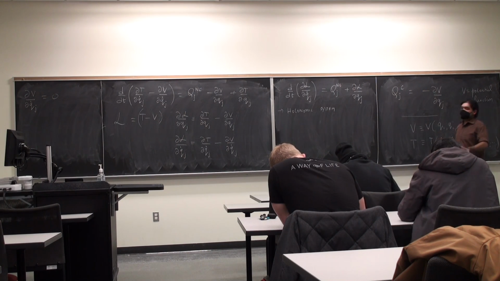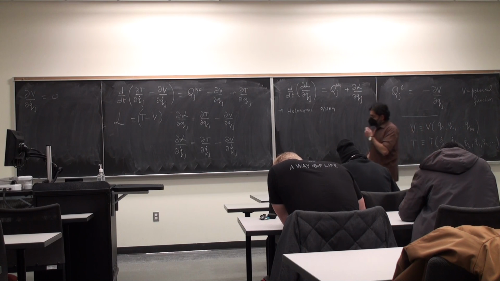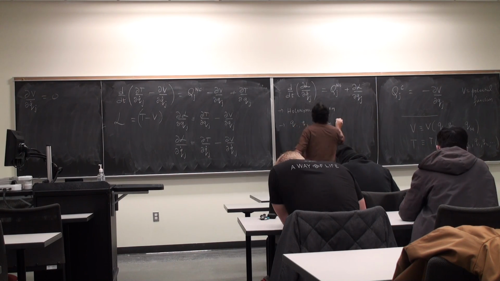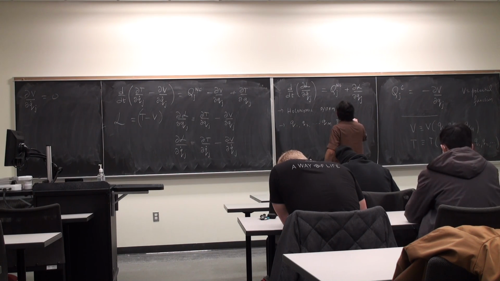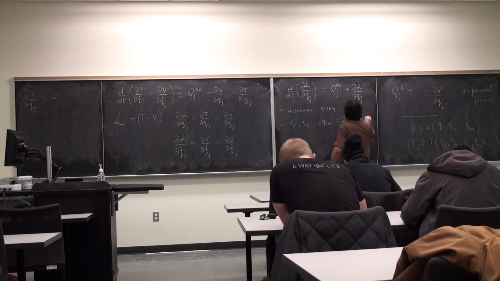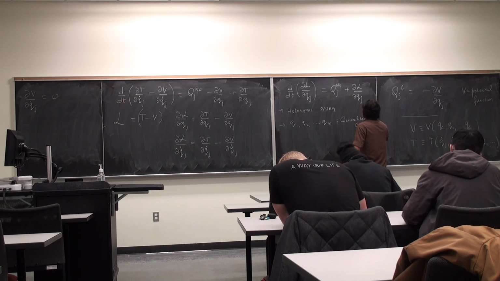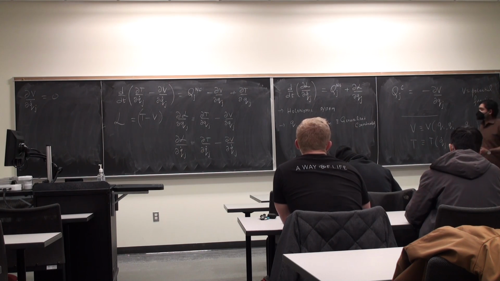It means that all these qj's that I talk about are the generalized coordinates. T is the kinetic energy, V is the potential energy function, and then L is the Lagrangian.